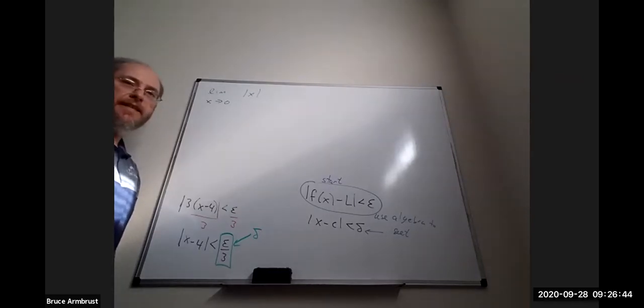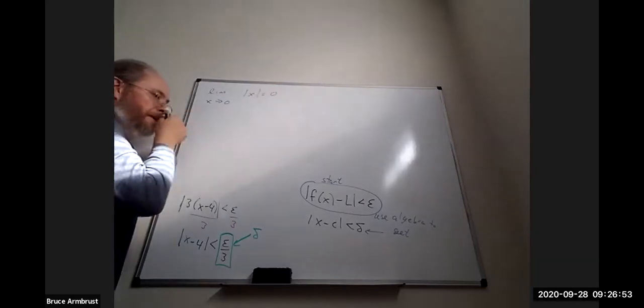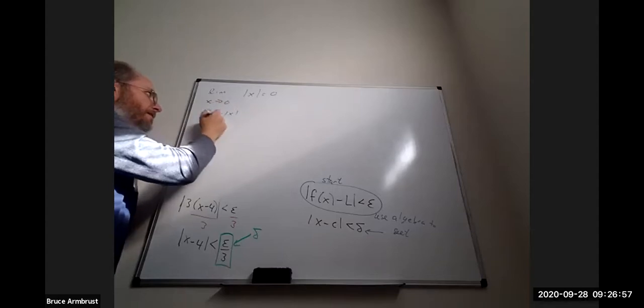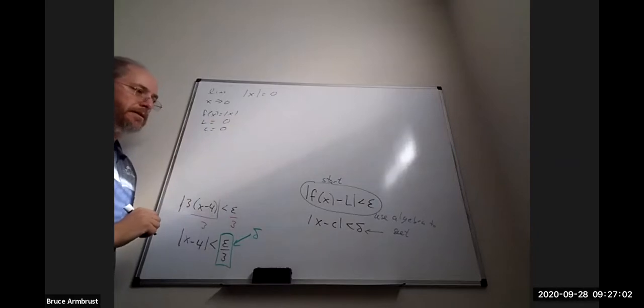All right, so what do you guys think that limit is? 0. All right, probably 0. Do the same thing, right? Plug it in, see what we get. It looks like it might be 0. Okay, so in this case, f of x is the absolute value of x, L is 0, and c is also 0.